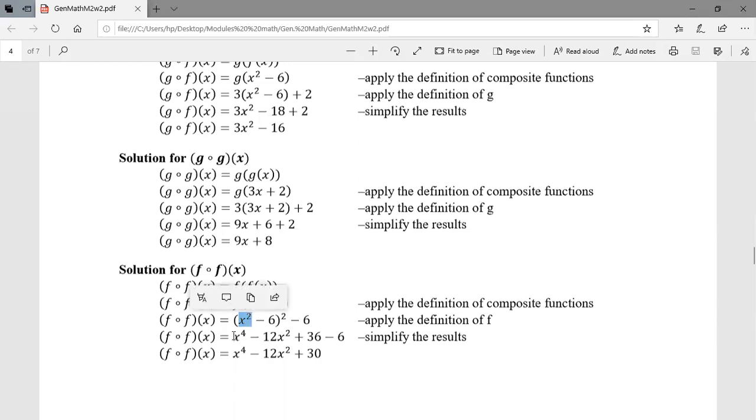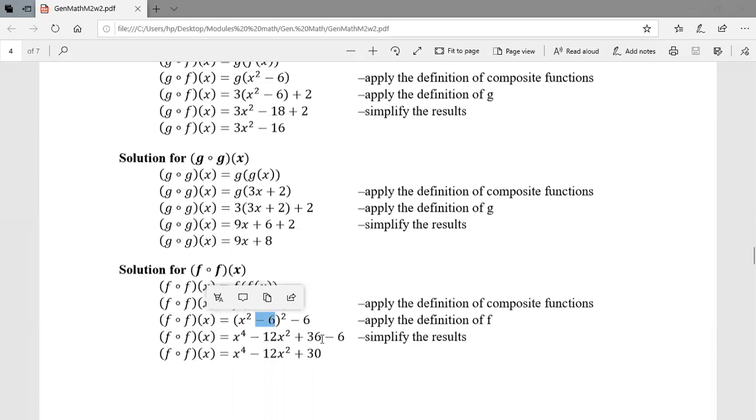X squared times x squared is x raised to the power of 4. So twice the product of the first and second term. So negative 6 multiplied to x squared, multiplied by 2, negative 12x squared. Okay, negative 12x squared plus the square of the last term.